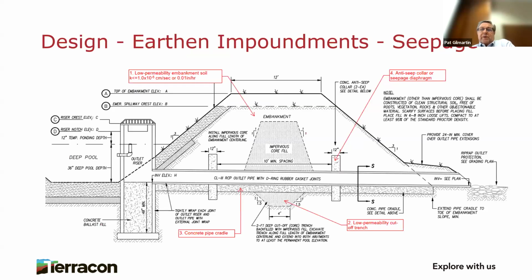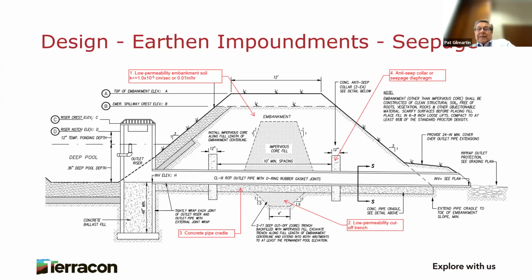Seepage forces can be reduced and controlled to safe levels by using a low permeability material, as noted on the sketch there, such as silt and clay for the embankment, low permeability cutoff trenches below the embankment, concrete pipe cradles, or anti-seep collars or seepage diaphragms along the outfall pipe.